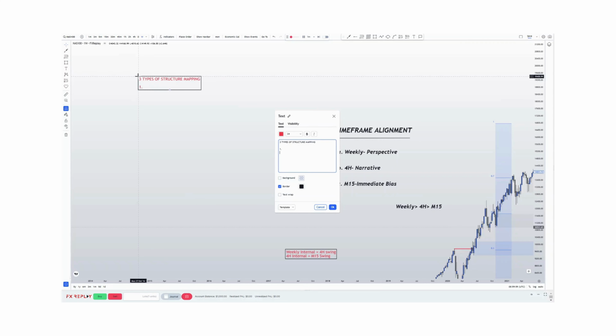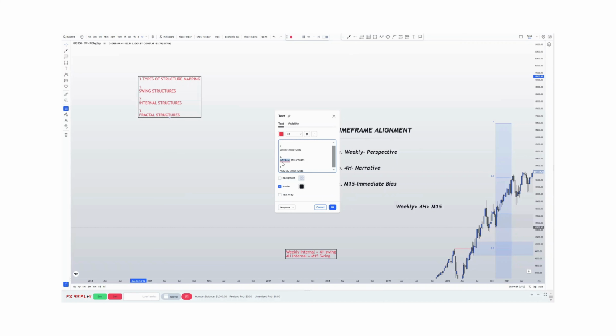We have one, the swing structures. Then we have the internal structures, and then we have the fractal structures.